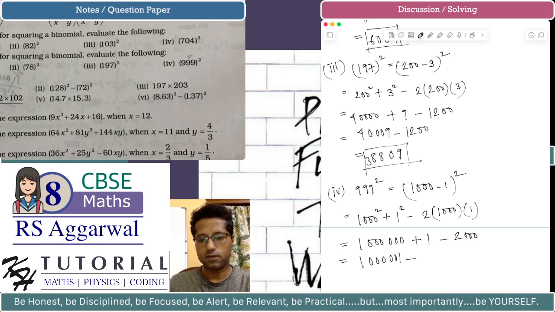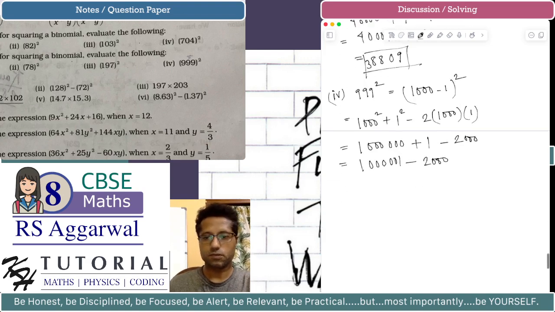So this is equal to 1,000,001 minus 2000. You have to do it very carefully, the subtraction and addition.